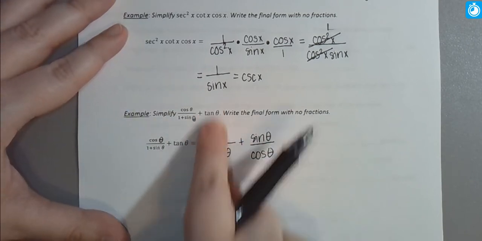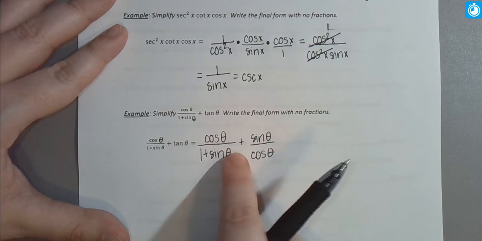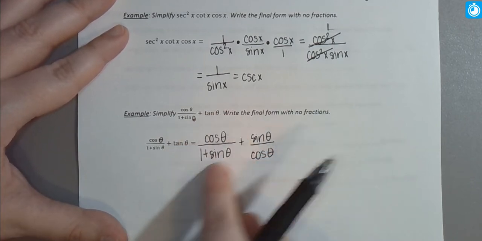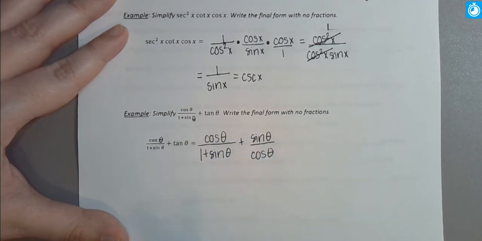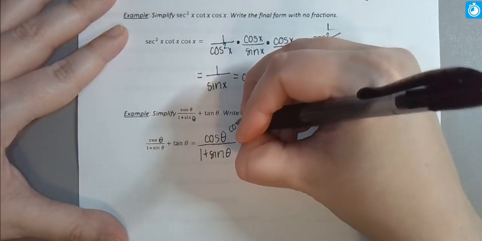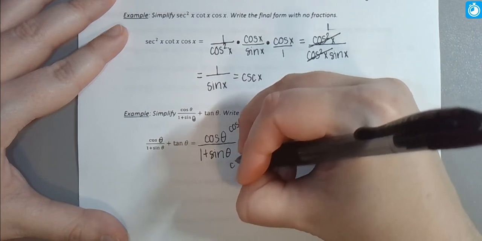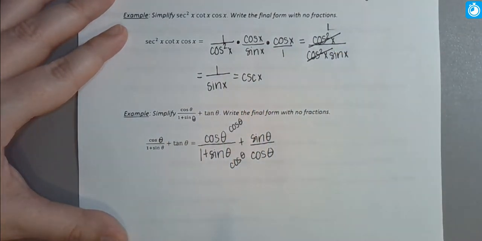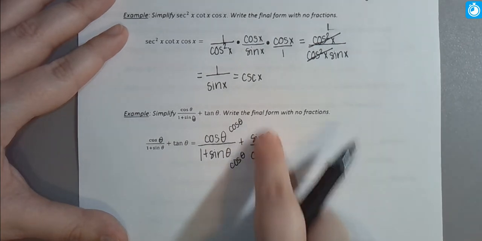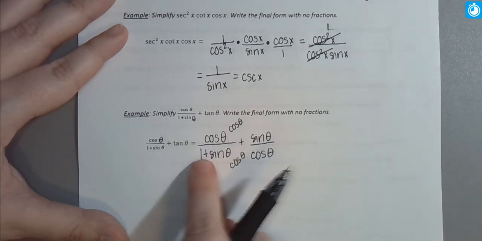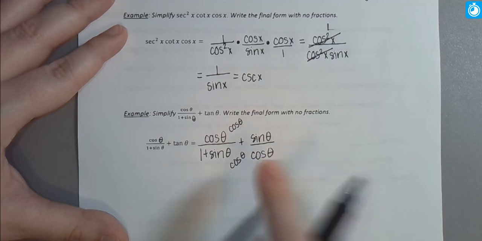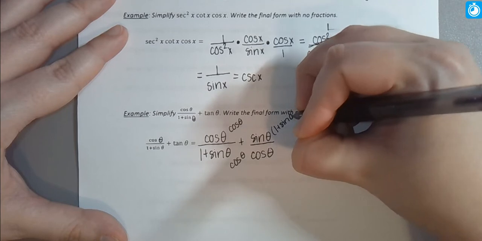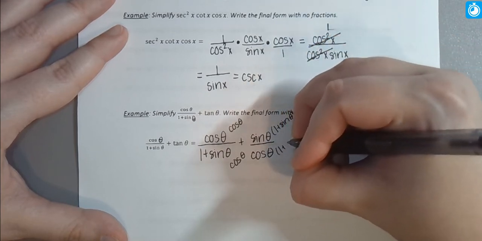So for our first rational expression, we've got the 1 plus sine, but we're missing the cosine. So in order to rewrite this expression with the denominator we want, we're going to have to multiply on top and bottom by whatever it is that we're missing, which in this case is going to be the cosine. Now for this ratio, we're missing the 1 plus sine in the denominator. So again, we're going to have to multiply top and bottom by whatever we're missing.